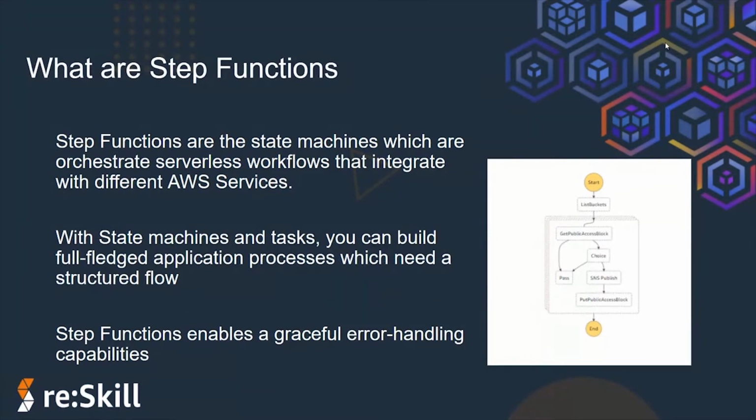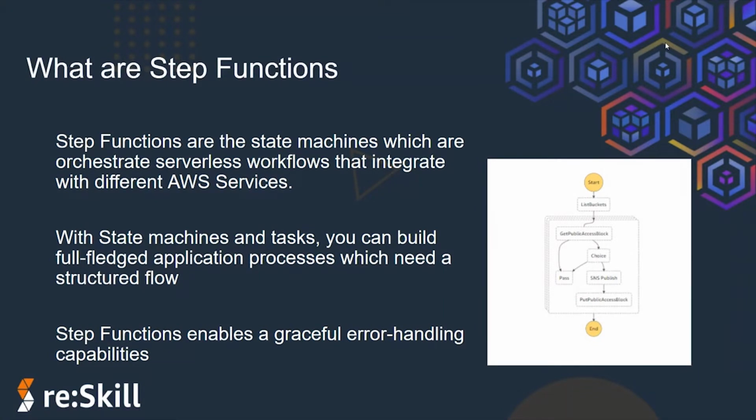Step Functions are nothing but state machines which orchestrate serverless workflows, and can integrate with different AWS services to orchestrate the complete flow. The flow is orchestrated, and the states are managed by Step Functions.